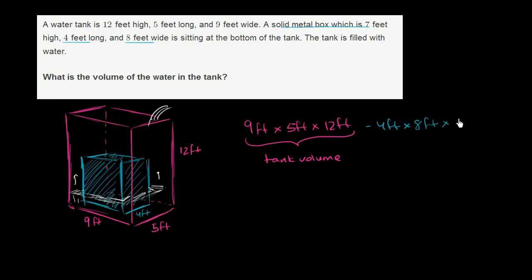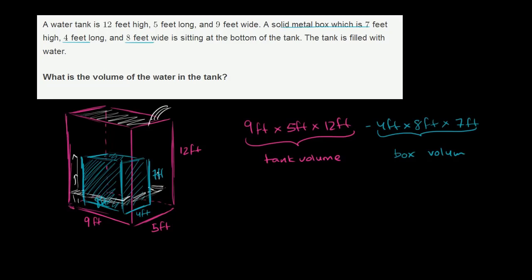It's 7 feet high, 4 feet long, and 8 feet wide. So this right over here is the metal box volume. When you take the tank volume and subtract out the box volume, that's how much the water can actually fill in. The water is going to go all the way to the top here, and it will fill in everything except for where that box is.